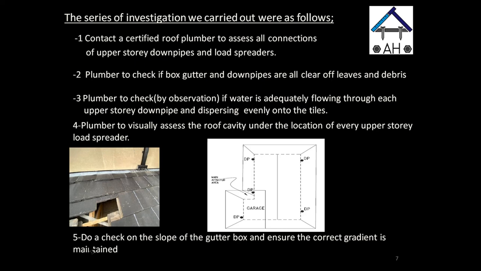Number 5, we asked the plumber to do a check on the slope of the gutter box and to ensure that the correct gradient is maintained. This check could be performed by either a laser level or a water level meter.